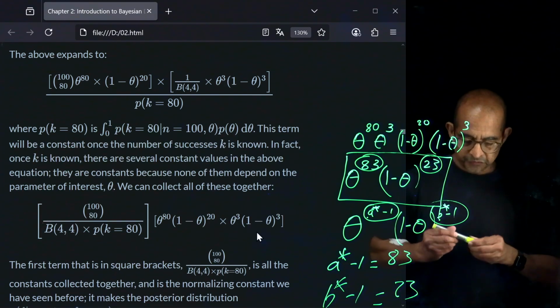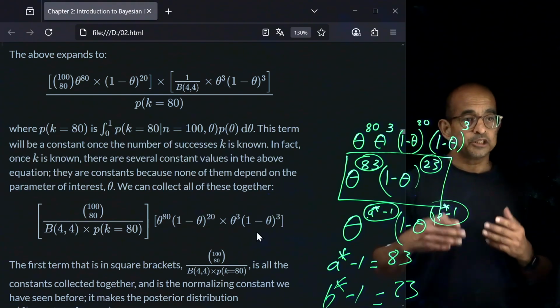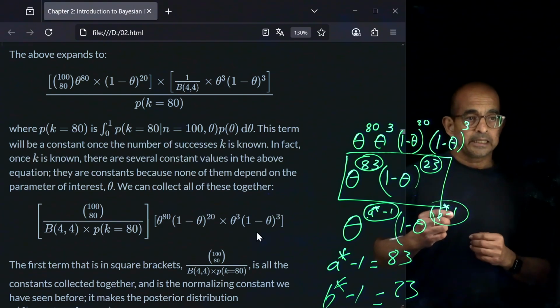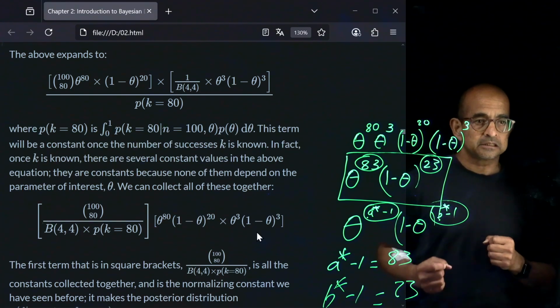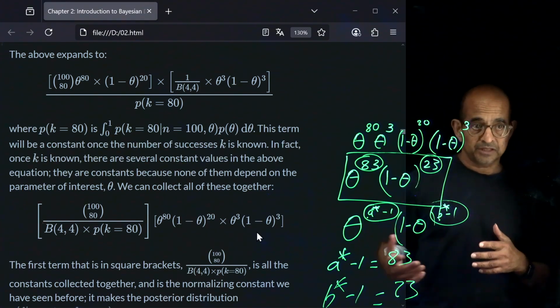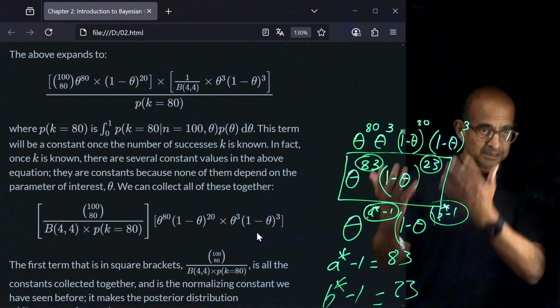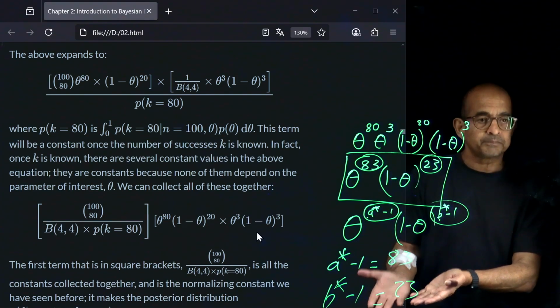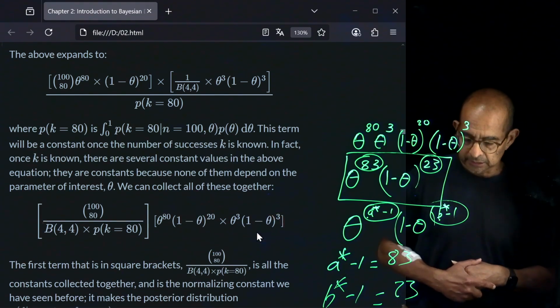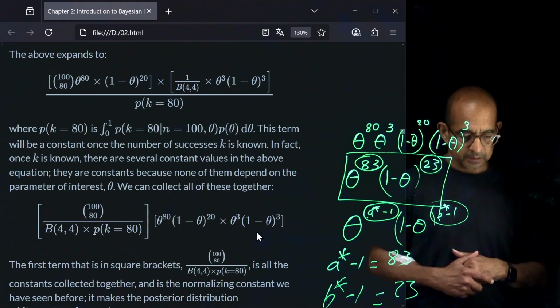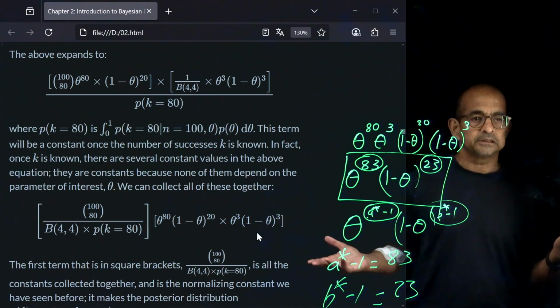So 84 and 24 are the new A and B parameters that represent the posterior distribution of theta after I've seen the data. What I just did is an analytical example that gives me the posterior distribution of the theta parameter after I've seen the data.